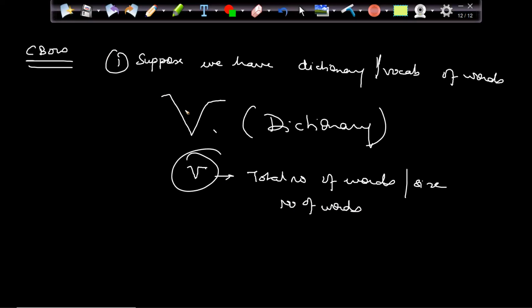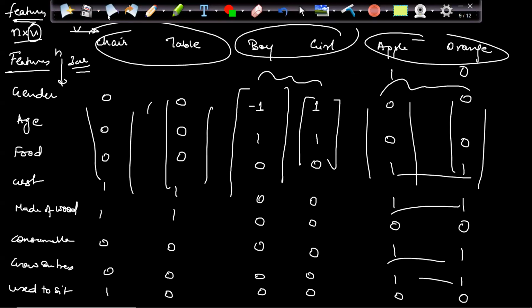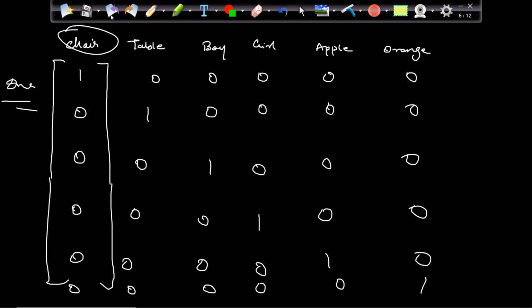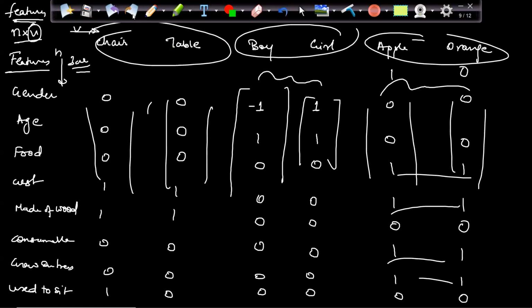Now this is my first step: I am collecting all my words. After that I will do one-hot encoding of each word, which we saw previously.